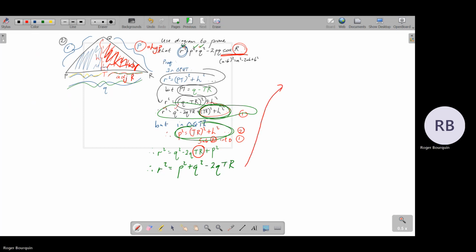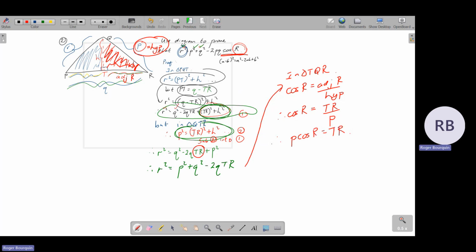So in triangle TQR, cos of angle R is equal to adjacent over hypotenuse. What's adjacent to R? Adjacent to R is TR, over the hypotenuse, which is little p. So multiplying by P, I get P cos R is equal to TR.